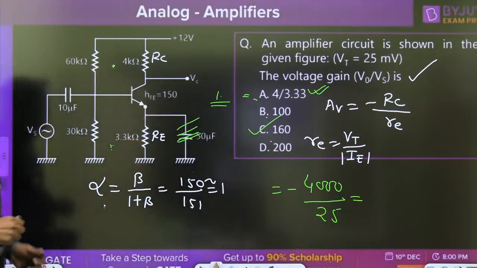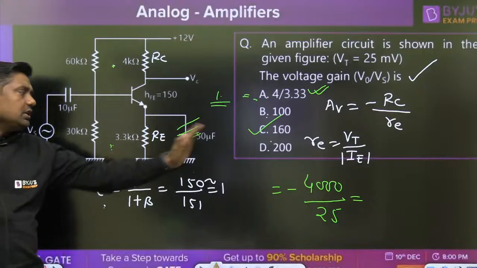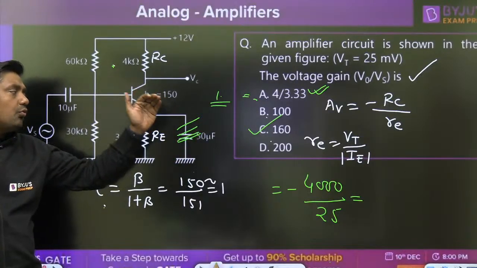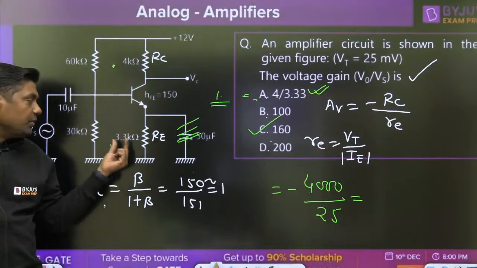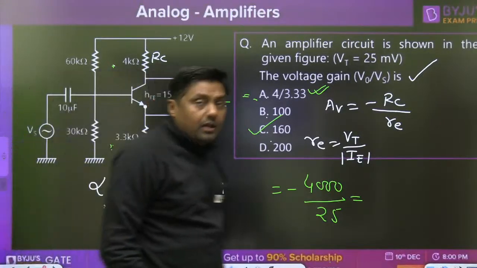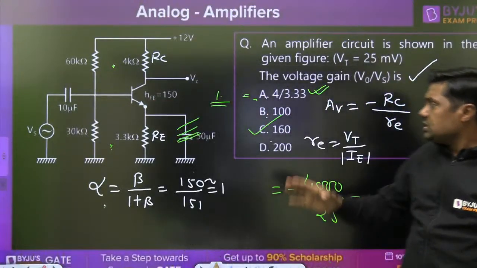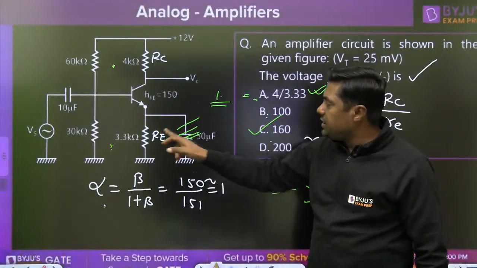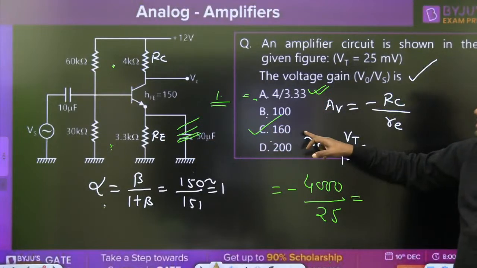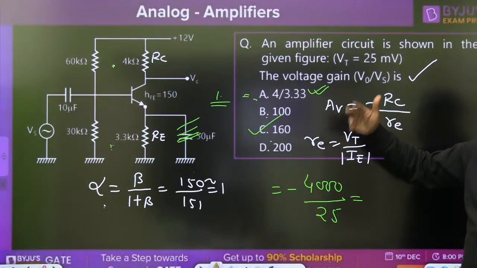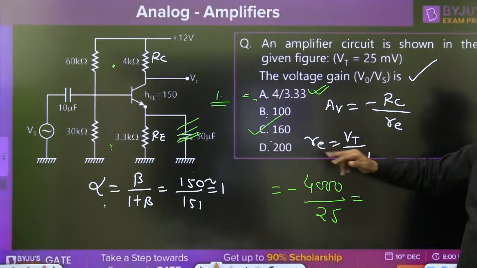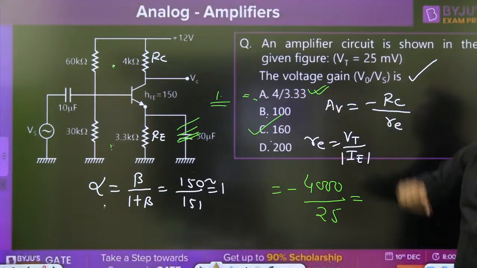Very small gain. So when we are removing the bypass capacitor, the gain will reduce because of negative feedback across RE. But when this bypass capacitor is connected, RE is bypassed, and what was the gain? 160. With the numerical, you can understand the change in the gain: from 160 it will become nearly equal to 1.